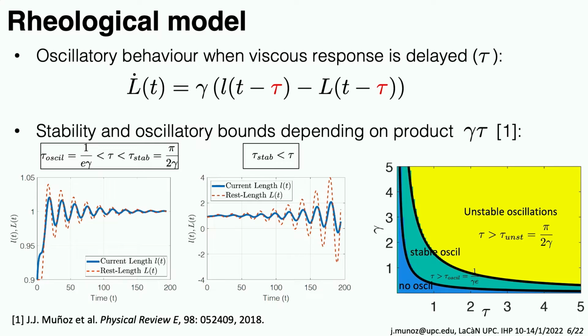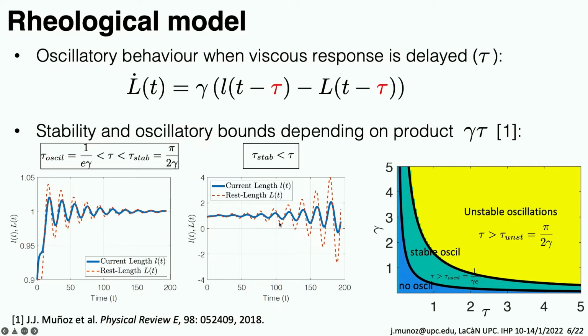This is proportional to the product of gamma and tau, the remodeling rate and the tau. If tau is too high or gamma is too high, then the system becomes unstable, as you would see here, when my delay is higher than this limit, which is equal to pi over 2 gamma.